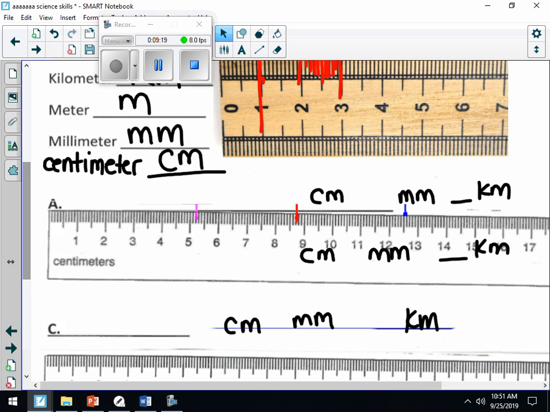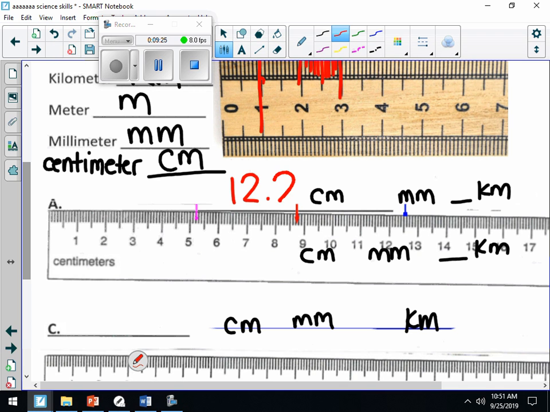Some of the rulers are a little bit different, so I will accept any number that's in that ballpark. 12.2, 12.3, anything like that is okay. You have 12, and then you have like 1, 2 little smidges more. You have 2 millimeters, 12, and that decimal is an and. It's not a point.